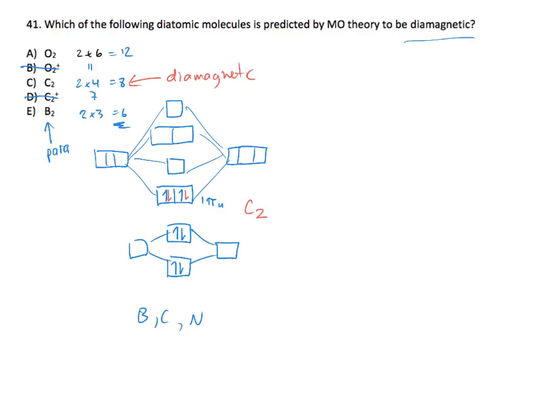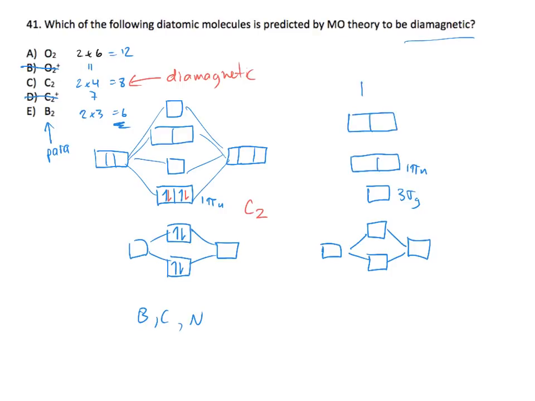We can do the last one, which is oxygen, which is A, and it has a slightly different MO diagram, which has the 3 sigma g lower in energy than the 1 pi u. And then these ones are the pi stars.